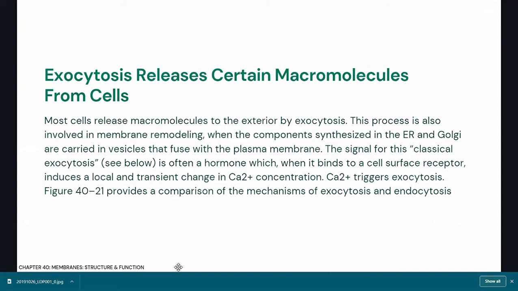Now, exocytosis releases certain macromolecules from cells. Most cells release large molecules outside. So this is through exocytosis.